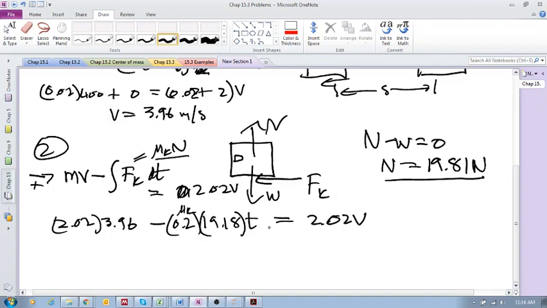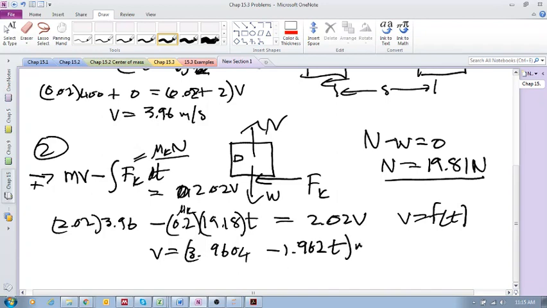And the reason why we want it in terms of v is because we want v as a function of time. And we'll see why in a minute. We know that the final velocity is 0. That's true. But we first want v as a function of time. So if you rearrange this, you're going to get 3.9604 minus 1.962 t, in meters per second.